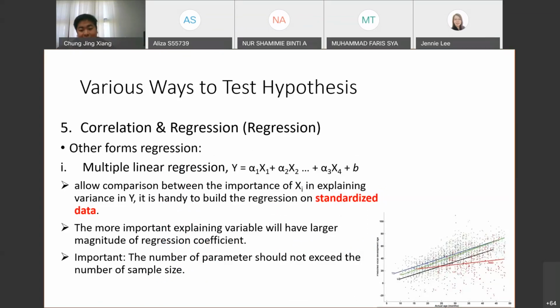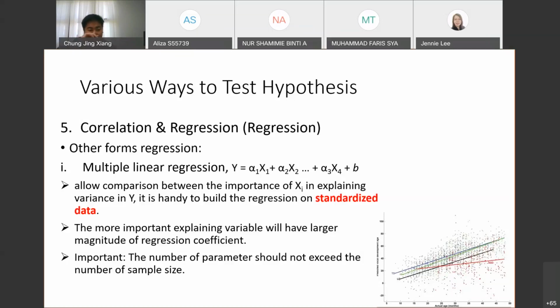It can tell us how important x1, or parameter 1 or variable 1, is to y. So it can tell us how important the different variables are to predicting y. This is the usefulness of multiple regression.